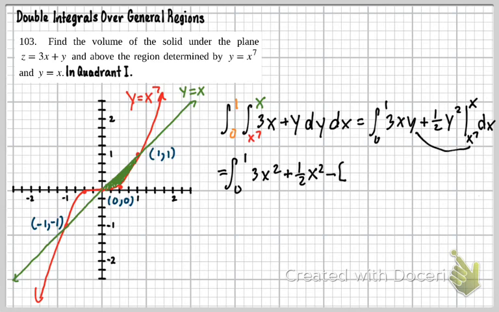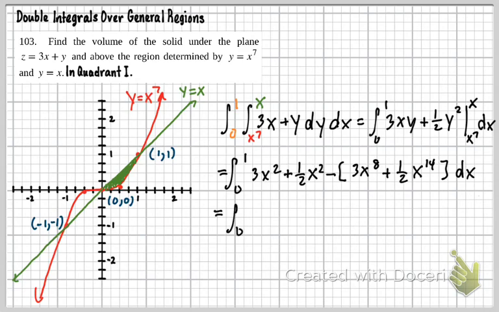Now I'm going to plug in x to the 7th in for my y's here. So I'm going to get 3x to the 8th plus 1/2 x to the 14th, because remember, I'm plugging it in there and I got to square x to the 7th. That's going to give me x to the 14th. And we're still going to have dx to do.